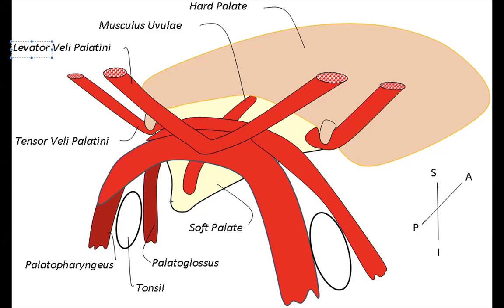Now, the innervation of all of those is usually sensory, and it is innervated by the maxillary branch of the trigeminal. Sensory innervation, maxillary branch of trigeminal.